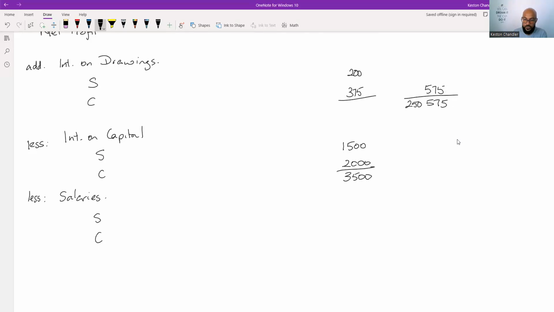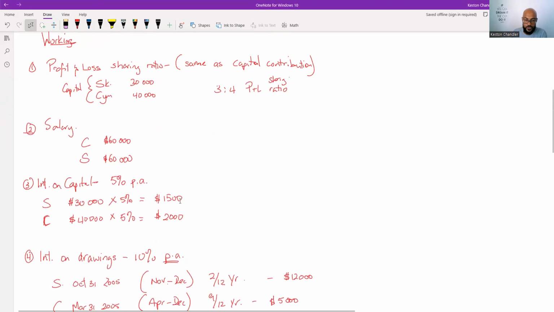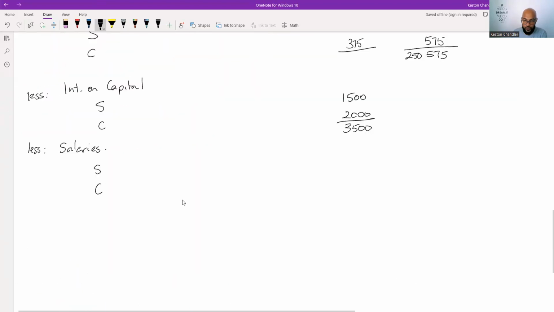Right, salaries they said was 60,000 each per annum. So we use the first column, 60,000, another 60,000, and then we just bring the total figure across. 6 and 6 is 120,000.